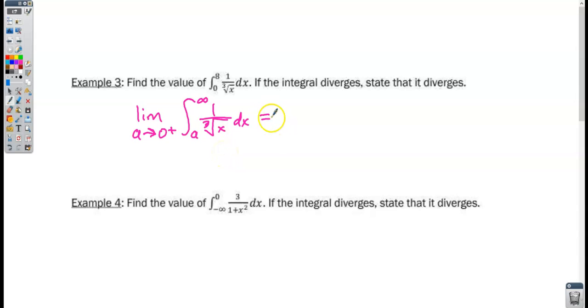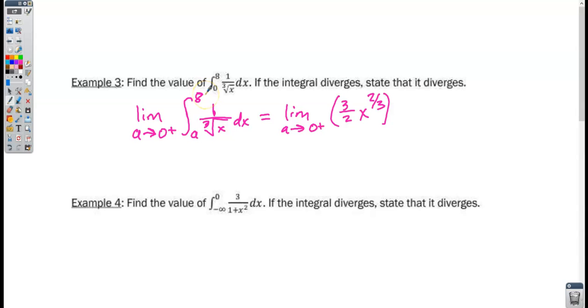Okay, so now I find the antiderivative of 1 over the cube root of x. Thinking about that, that's x to the negative 1/3 power, and so the antiderivative of that is going to be 3/2 x to the 2/3 power. Wait, wow, I just turned my 8 into an infinity there, just flipped it on its side.